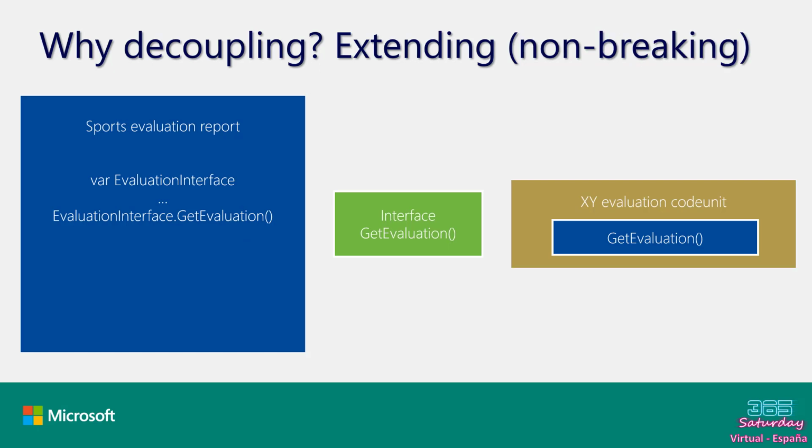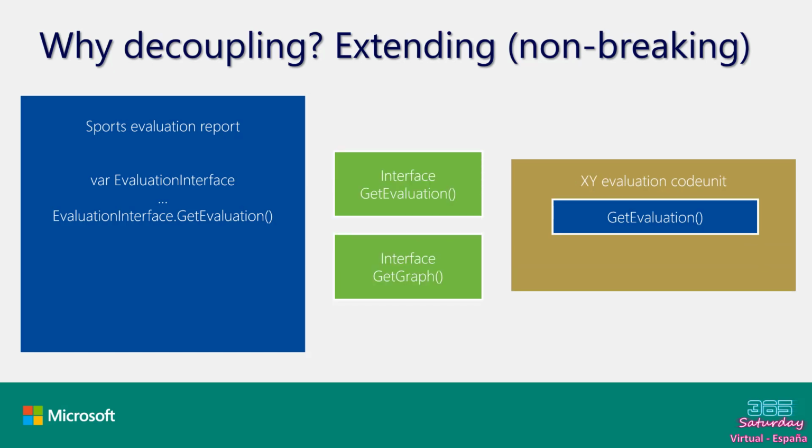The other way to do it in a non-breaking way would be to not add the getGraph function to the same interface, but instead introduce a new interface. That new interface would have the getGraph function, and because of the way the interface functionality is constructed in AL, we would be able to add this to the evaluation code units as well.